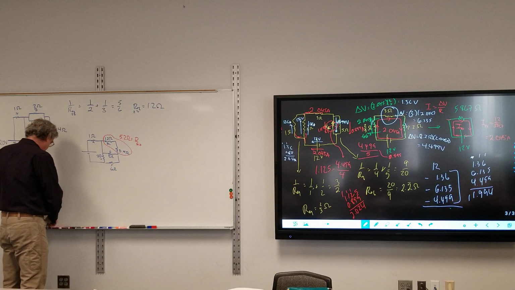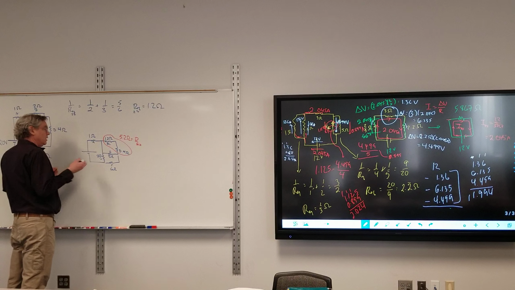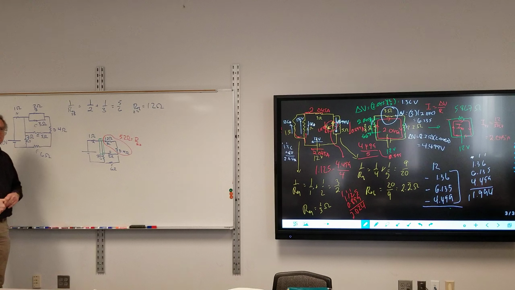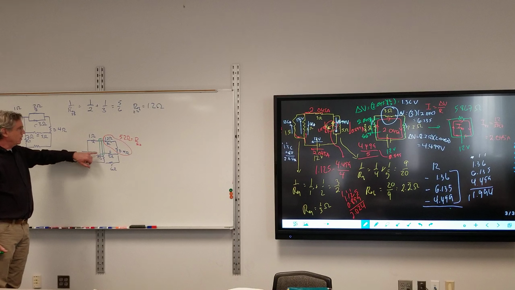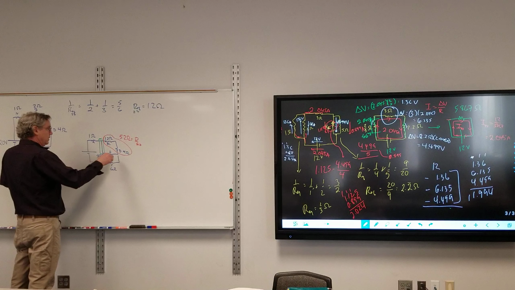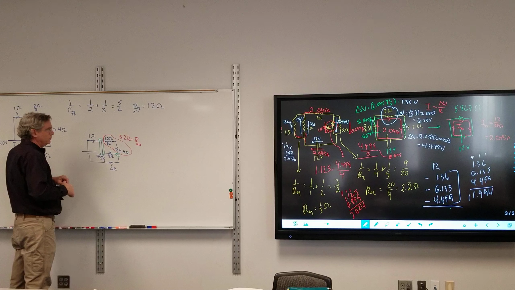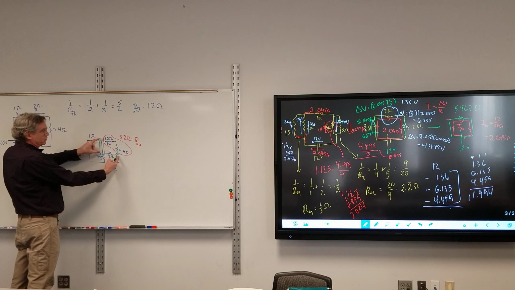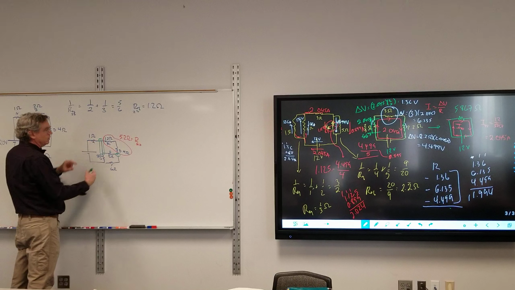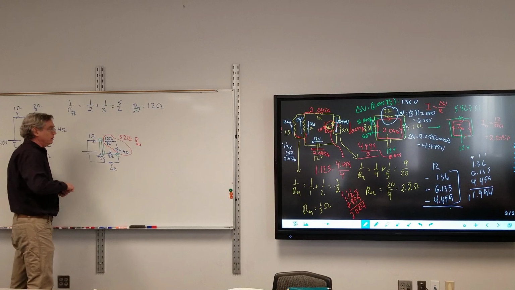So this right here is a single junction. I drew it like I have a wire there, but in essence, these two are on both sides of E and on the BCD combination. So they are in parallel.